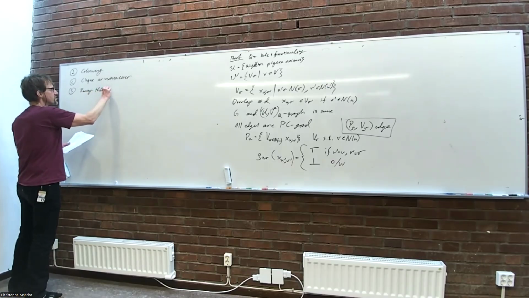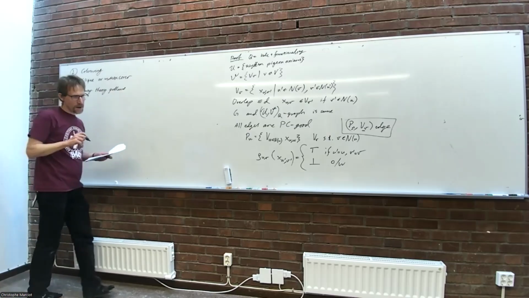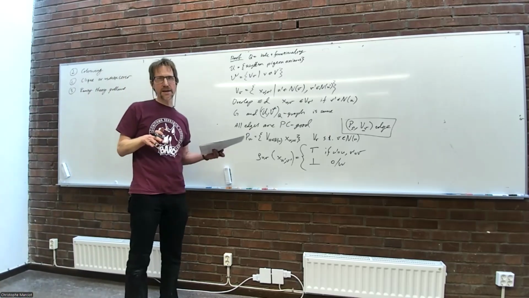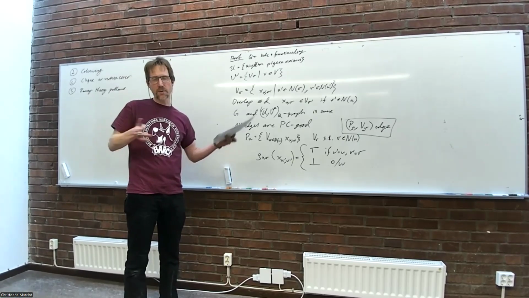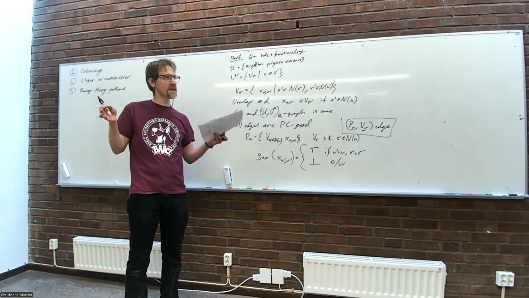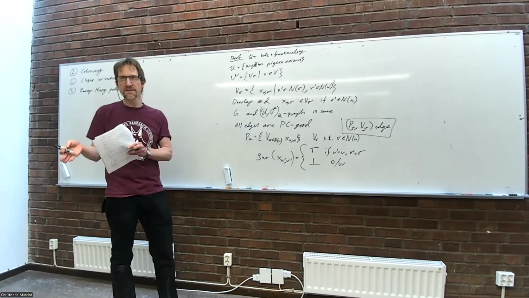There are a number of Ramsey theory style problems. So again, a Ramsey graph is something with parameters such and such that it either has a clique of this size or it has an independent set of this size.